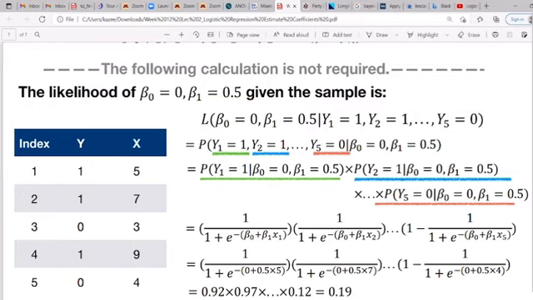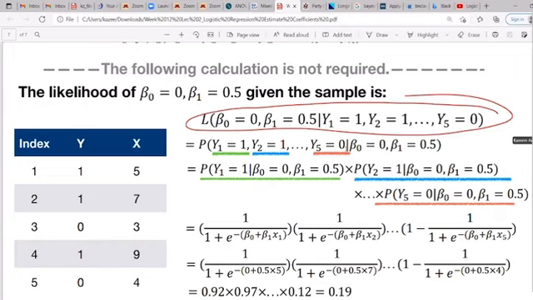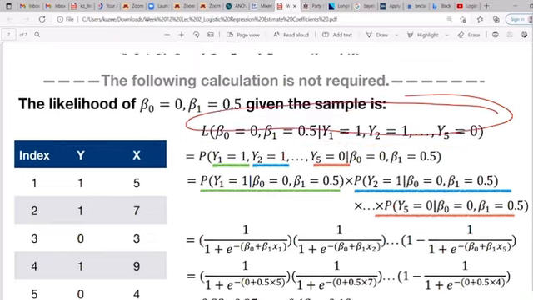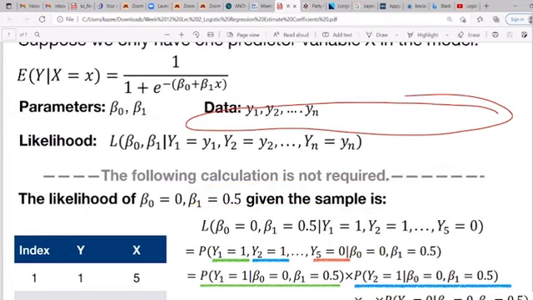When I have that, if I want to find the probability, the likelihood is going to be the product: I'm going to multiply the probabilities together.